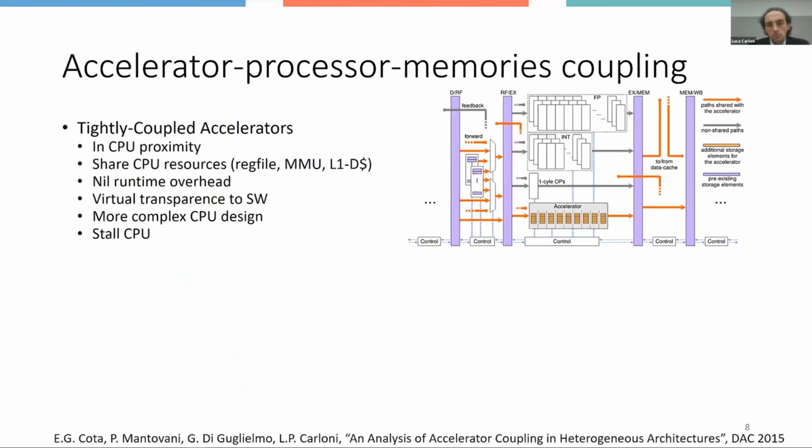For the next slides, I want to introduce a classification for accelerators. In particular, accelerators can be classified according to how they couple with the processor and the memories. There are two main classes of accelerators: tightly coupled accelerators and loosely coupled accelerators. Tightly coupled accelerators sit in the CPU proximity. They usually share CPU resources. It could be the register file, the memory management unit, the caches. There is no overhead for the invocation, and they are virtually transparent to the software.